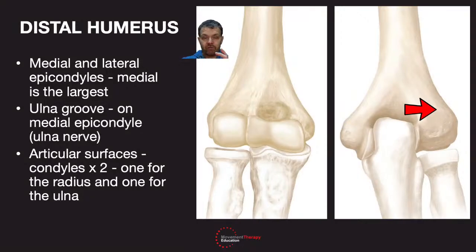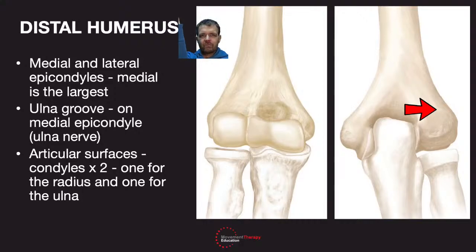Yeah, and you can feel that on yourself. So if you grab a hold of your humerus bone, so your upper arm bone, and then squeeze down so you can feel the bony lumps at the end of that bone, this one on the inside is bigger, you can feel it more than the one on the outside, and it's quite obvious to feel.